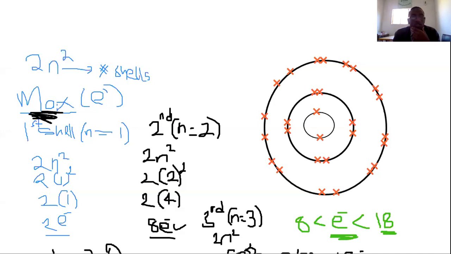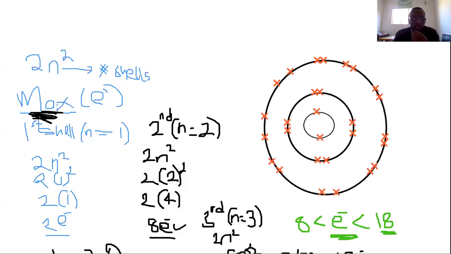For drawing of electronic structures, we focus on the proton number, which is also equal to the electron number, because this is an atom. In terms of the steps that we should follow, first we determine the proton number, like we were doing in the previous lesson, lesson 1.